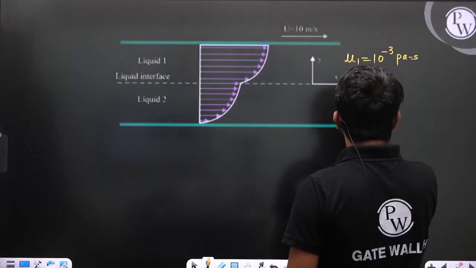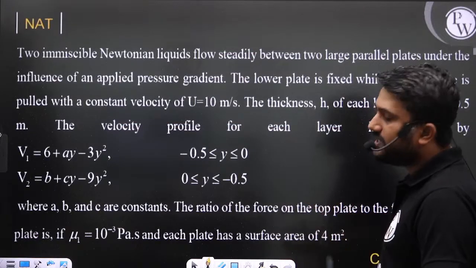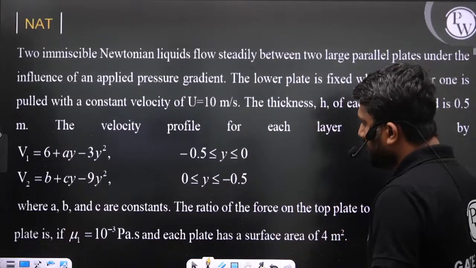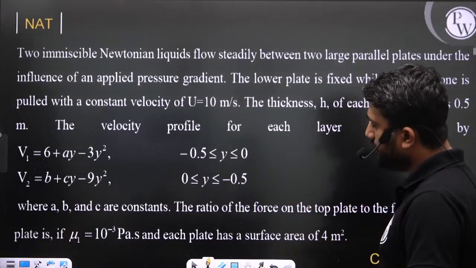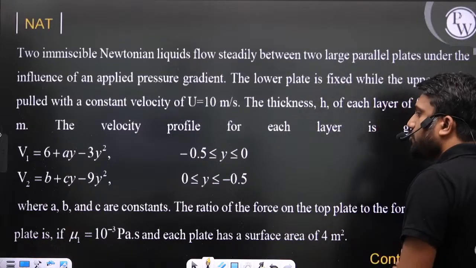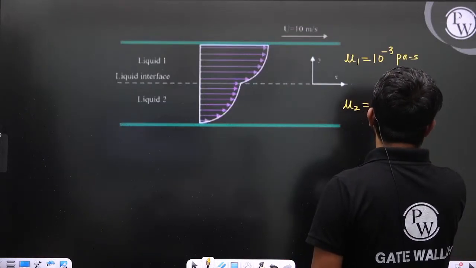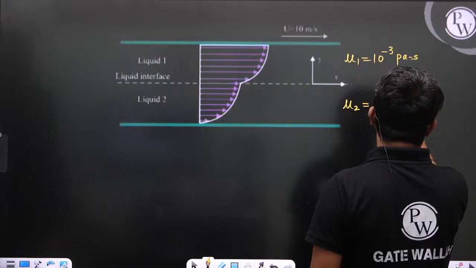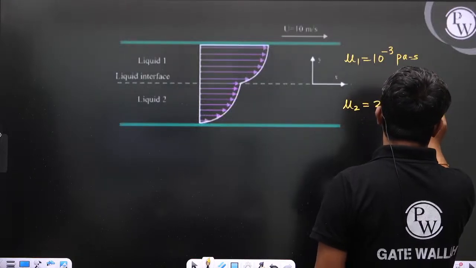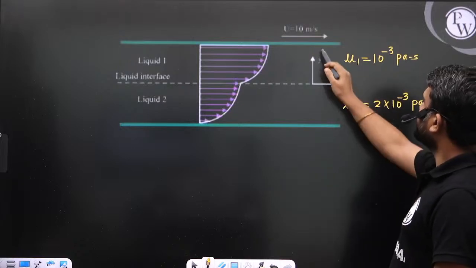Please note down, mu2 is also meant to be given in the problem. There is some typing error, so mu2 is not mentioned here. Let us consider mu2 is 2 into 10 to the power minus 3 Pascal second. And this is the coordinate system.